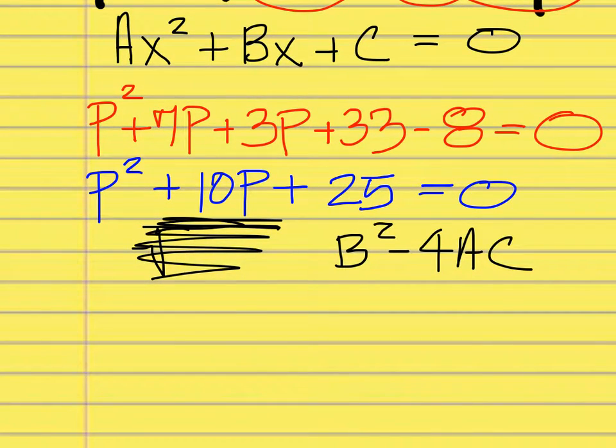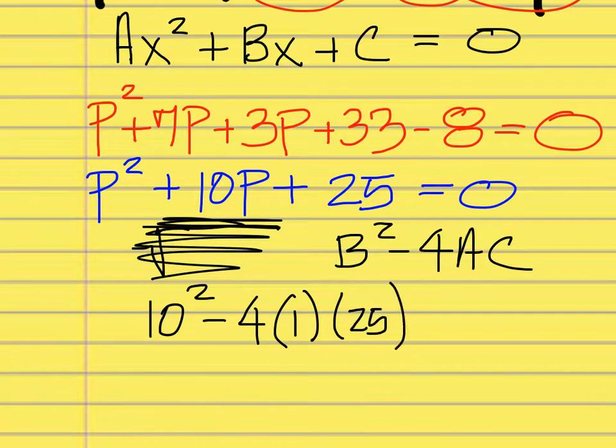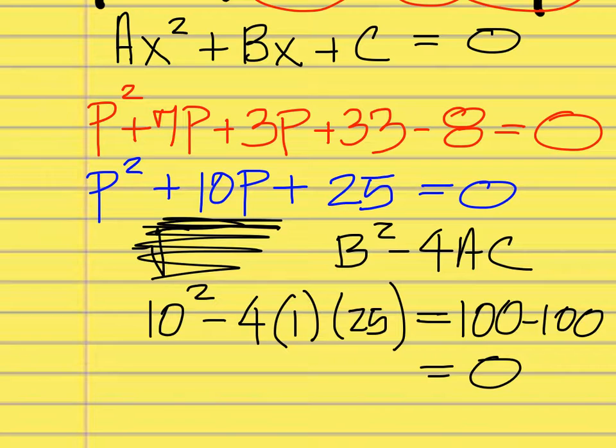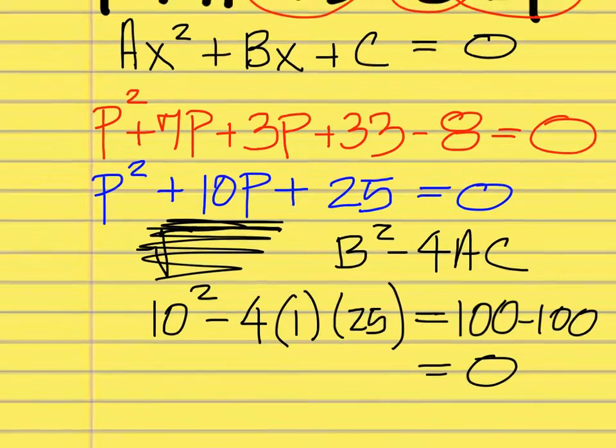So if I do b squared, that's 10 squared, minus 4 times a, which is 1, and c is 25. I come out with 100 minus 100, which is 0. If the discriminant is 0, then how many solutions are there? 1. There's only one solution.